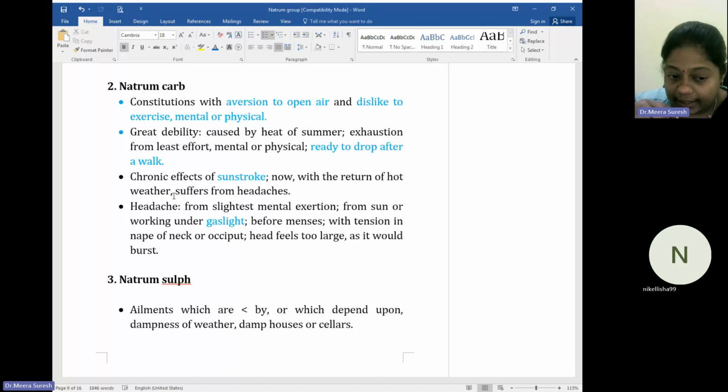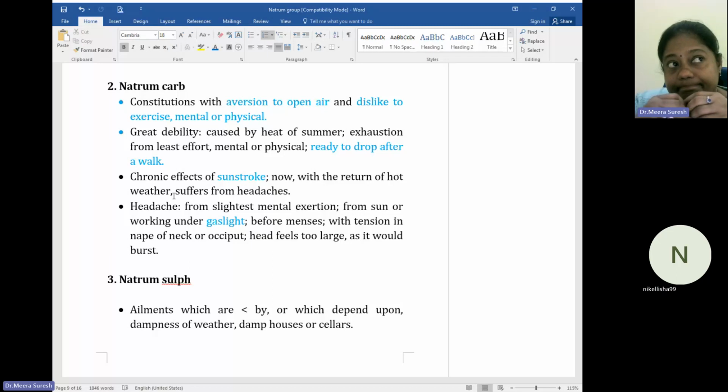But the acute headache, which is coming from exertion in the sun, is there, but the other one I gave, the headache from working under gaslight. And working under gaslight means the people working in machineries where there are huge Petromax lamp lights being used.